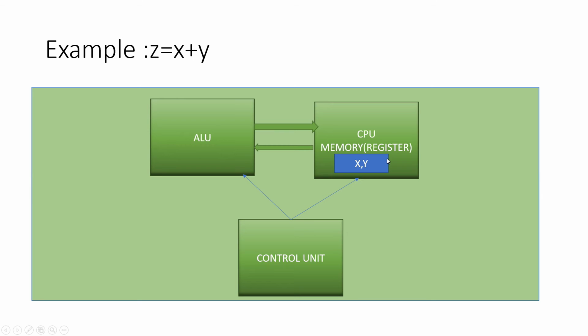This x and y will be transferred to the arithmetic and logic unit. The ALU performs the addition operation, then it generates z. The value of z is again transferred to CPU memory. CPU memory is a temporary storage area while performing ALU operation.